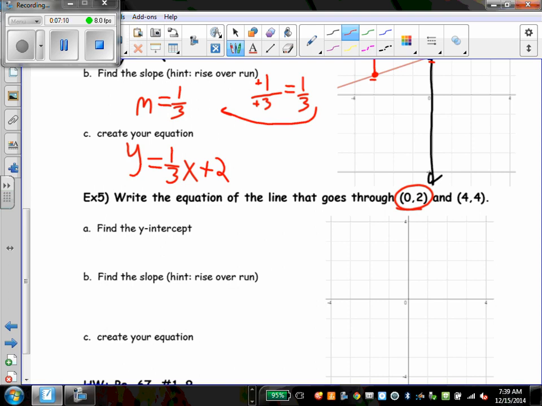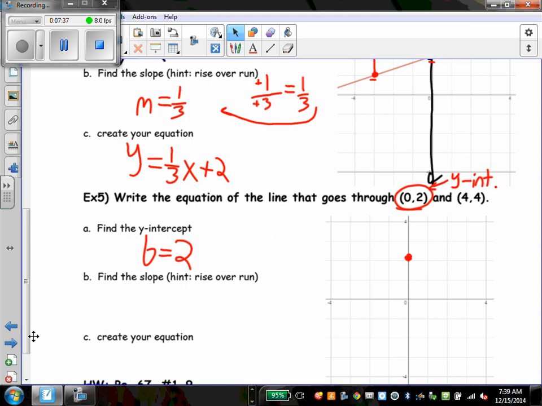If you can learn to recognize that as a y-intercept, which it is, that might save you some time. Otherwise, when we graph it 0, 2, you can see that it's in that perfect position. That's exactly where we would want it. So, our y-intercept in this case is 2 again.